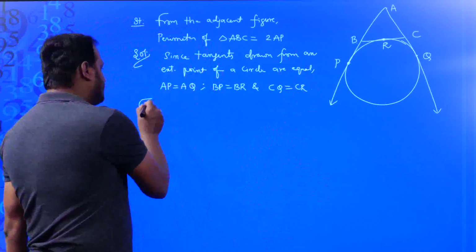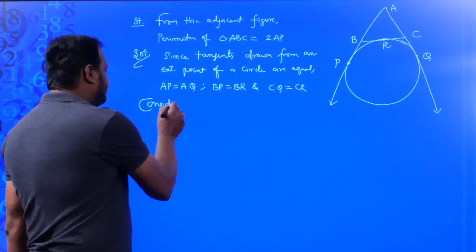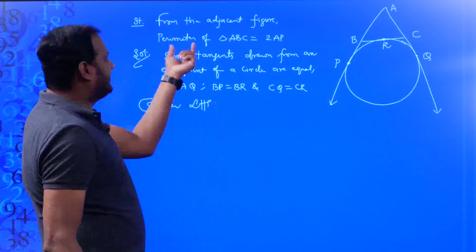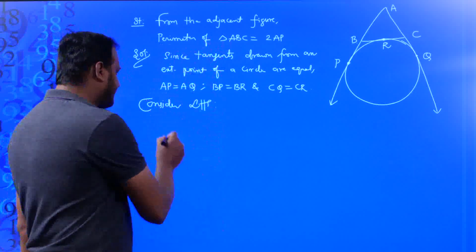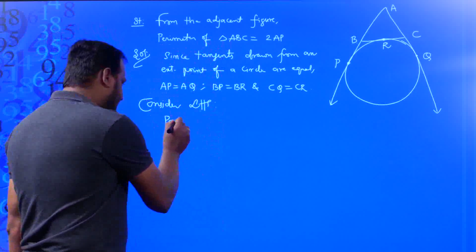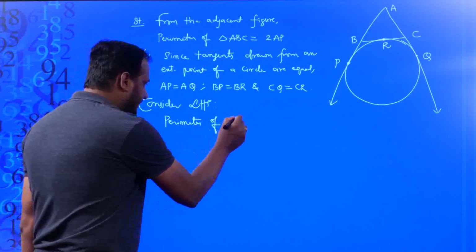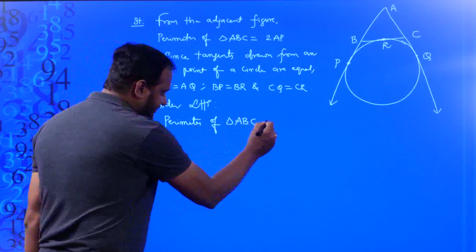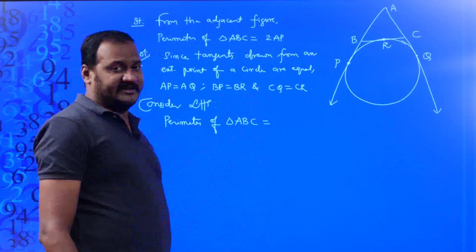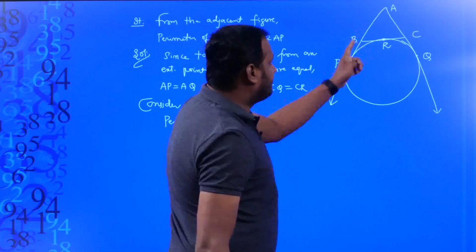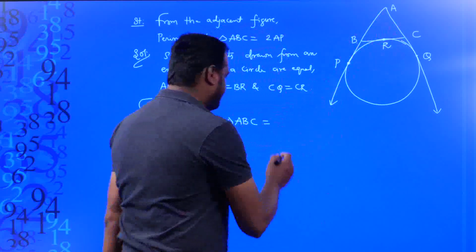So what is the problem here? Consider LHS. So what is LHS? That is perimeter of triangle ABC. What do you mean by perimeter? Sum of lengths of all the three sides. So AB plus BC plus AC, right?